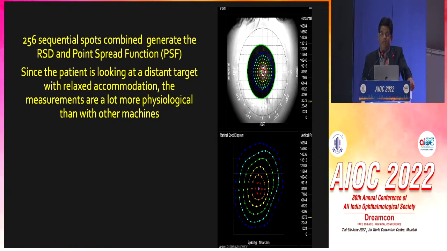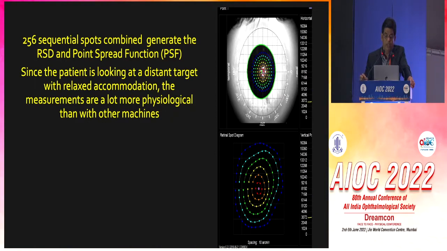What it does is it fires 64 spots 4 times to gain 256 spots, right? And this is used to generate what is known as the retinal spot diagram or the point spread function in these patients. So, all the quantitative and qualitative data that you are getting is derived from this retinal spot diagram and point spread function.